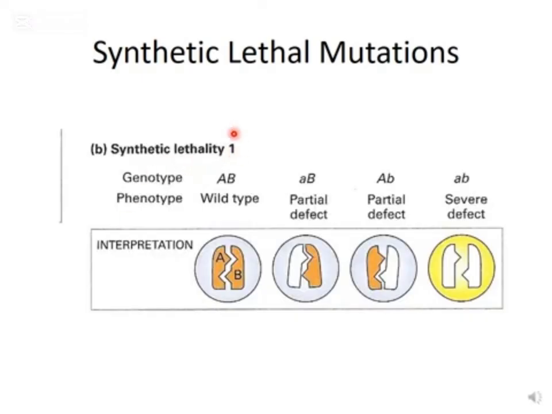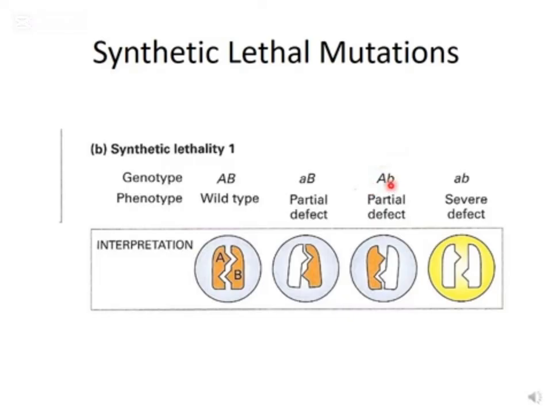So the first type is completely the opposite of the suppressor mutation. If we have the wild type genotype, then you have both proteins binding together pretty well. If we have a defect or a mutation in one of the two alleles, this could lead to partial binding, so a partial defect.